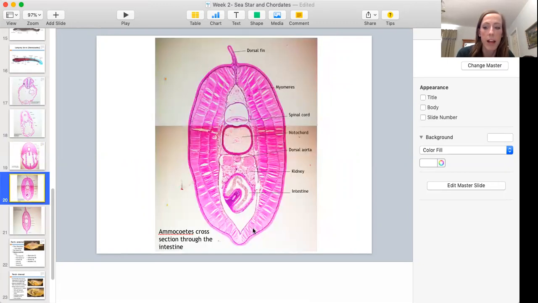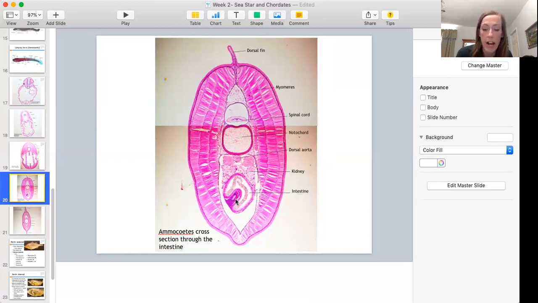And if you move then to the next section, most towards the tail, again, you've got the notochord, and in that same position, just ventral to that, you still have your dorsal aorta. Just dorsal to that, you still have your spinal cord, right? And around it, you've still got myomeres. If you look now, though, the abdomen region has changed, right?